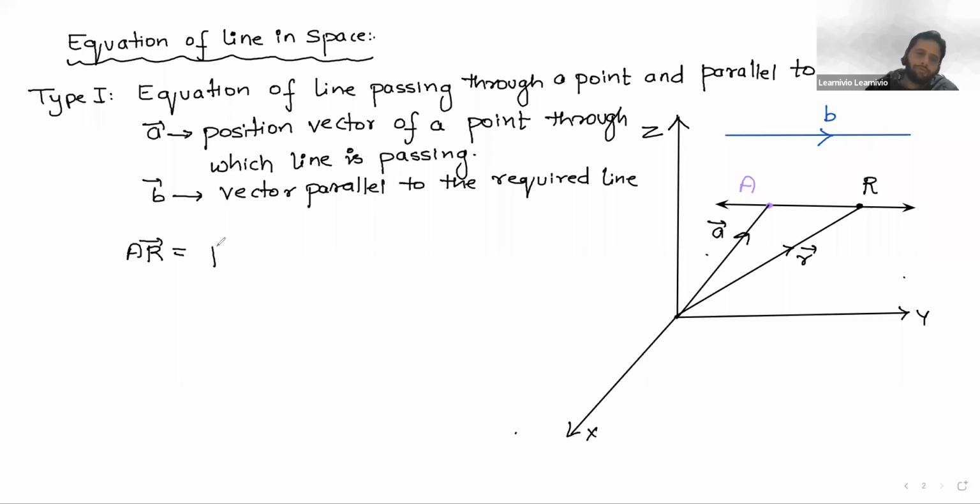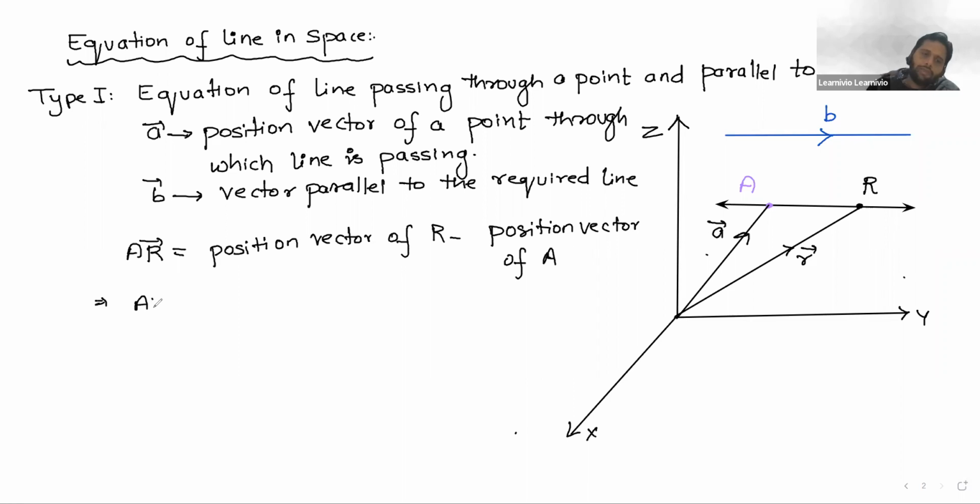Position vector of R minus position vector of A. Very good. So this means AR is r minus a. Now, can we say that AR is parallel to b? Abdur, can we say that AR is parallel to b?